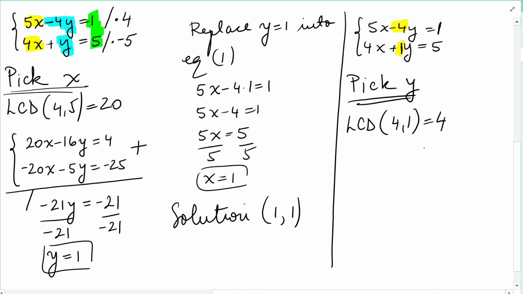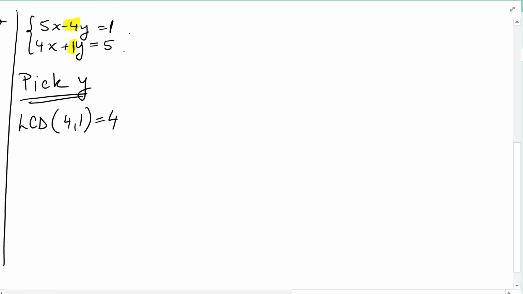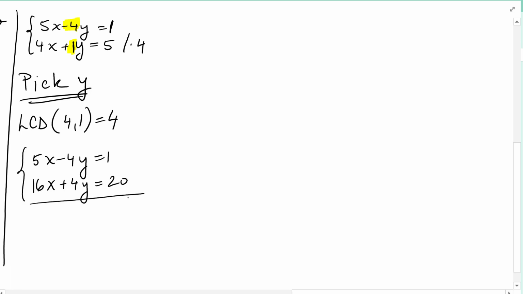Well, it's 4. That means I will have to multiply the second equation by 4. So we get 5x minus 4y equals 1, and 16x plus 4y equals 20. We notice that the signs are already opposite. So when we add, we get 21x equals 21.